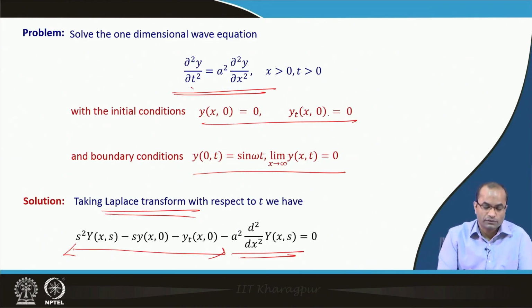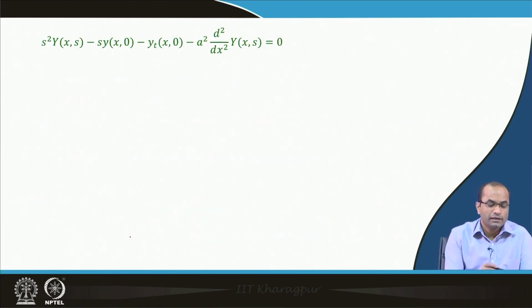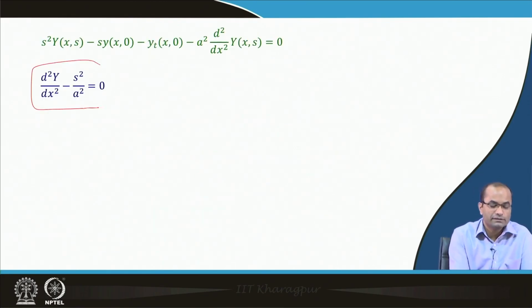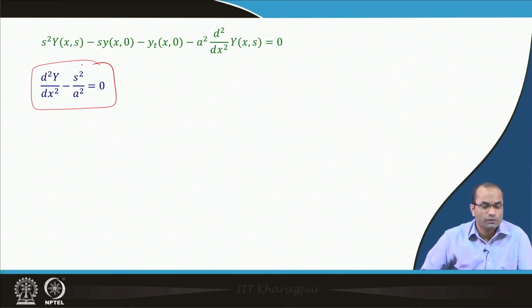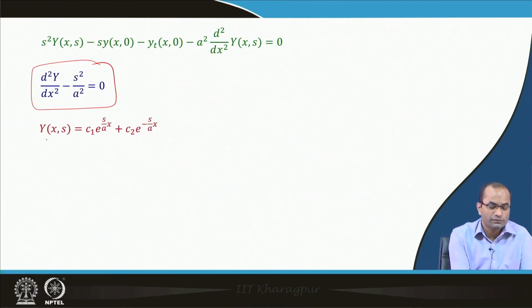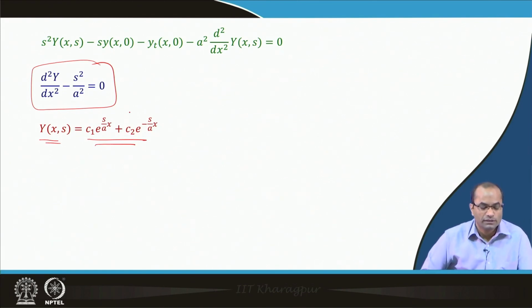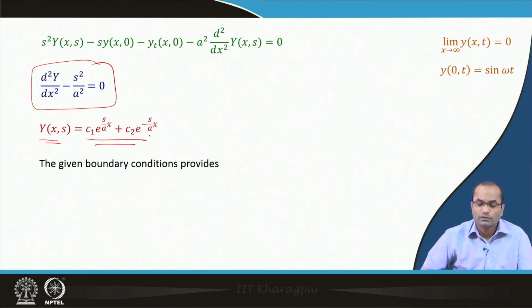After incorporating the initial conditions, these two terms vanish, and we have a very simple differential equation which we can easily solve. So, y x s is given as c 1 e power s over a x plus a second term. Now we can use the two boundary conditions.